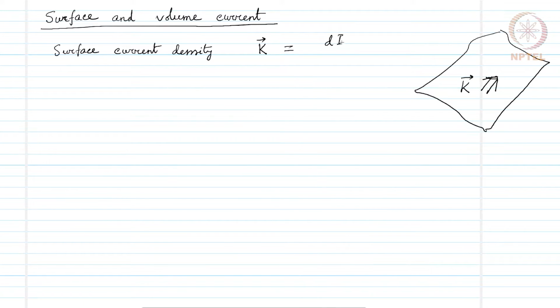which is, in terms of the total current I, dI over dl perpendicular to the direction of the current. In other words, surface current K is the current per unit line width.